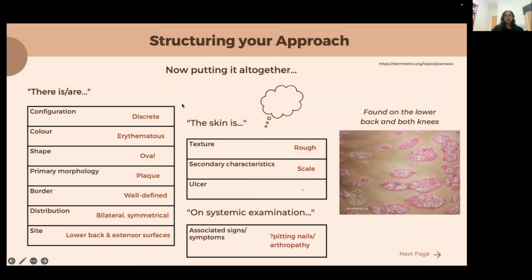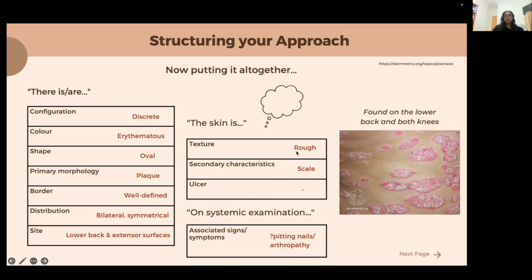So then if we put that all together, the way that we could describe it is there are discrete erythematous oval plaque-shaped lesions with well-defined borders. The lesions are bilateral and symmetrical, sited on the lower back and extensor surfaces.